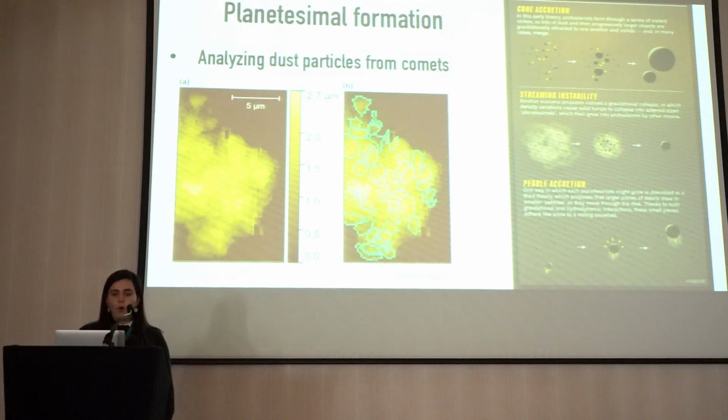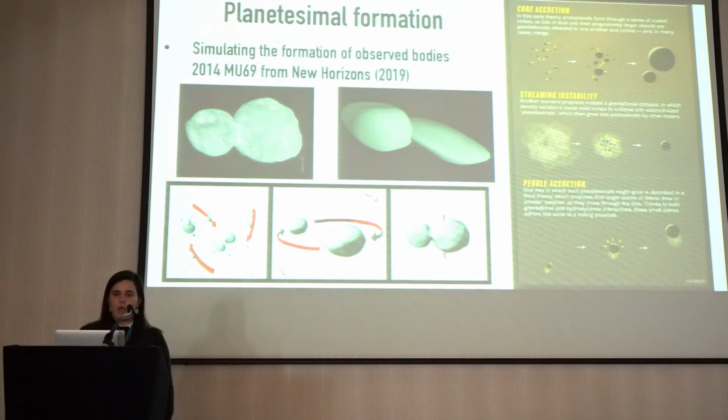And it is pointing to the conclusion that these fluffy particles are evidence for streaming instability formation rather than having core accretion, for example, happening in the outer solar system.